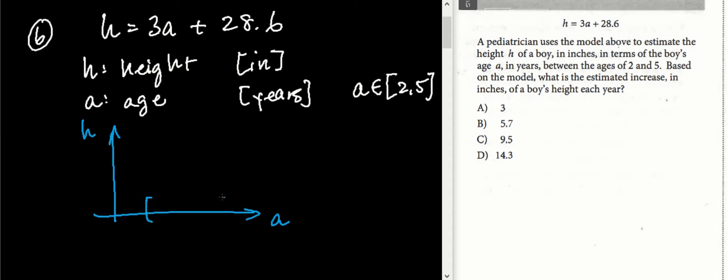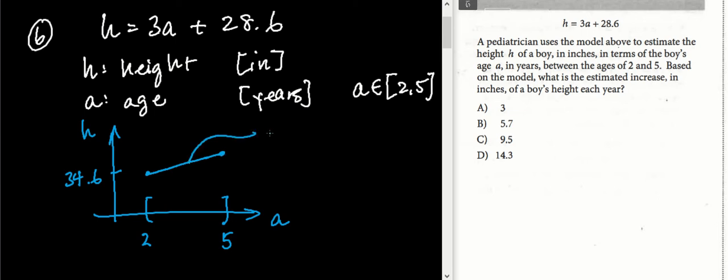We're looking specifically for the values between 2 and 5. So at 2, our height is going to be 3 times 2 is 6, 6 plus 28.6 is 34.6. And then our height increases by 3 inches each year until we reach the end of where this model is valid.